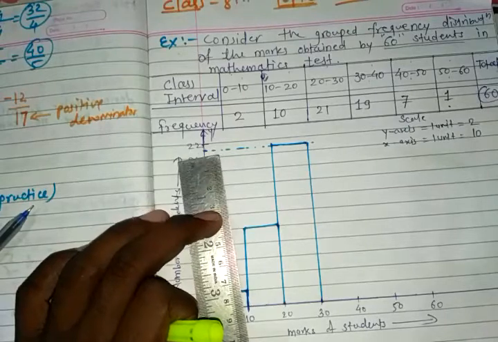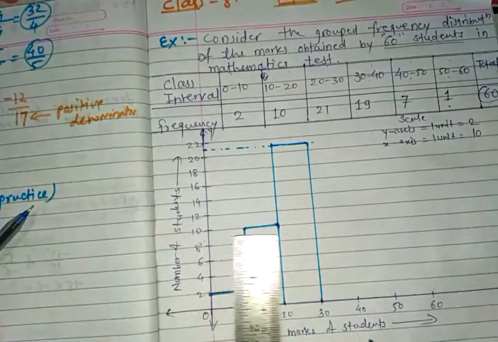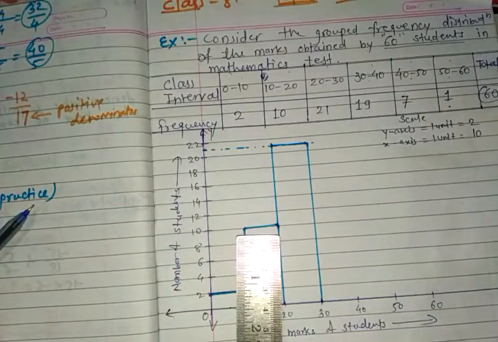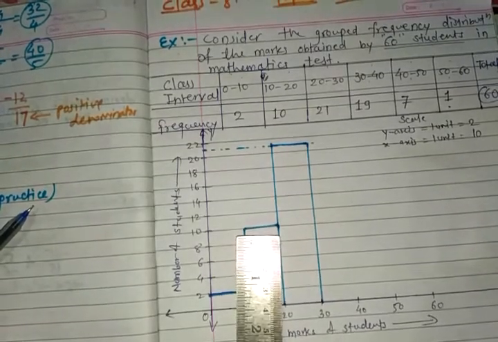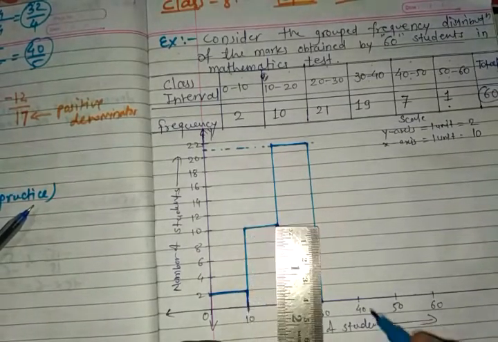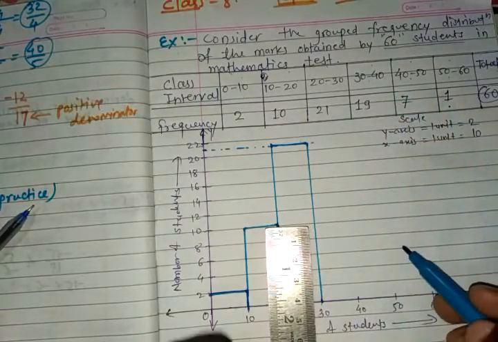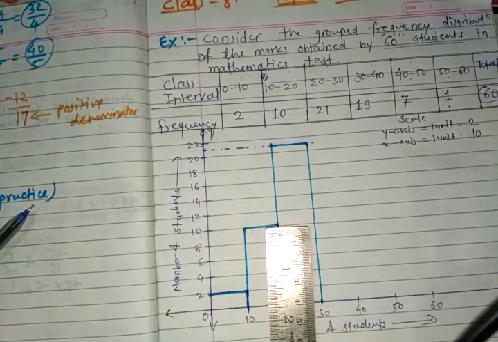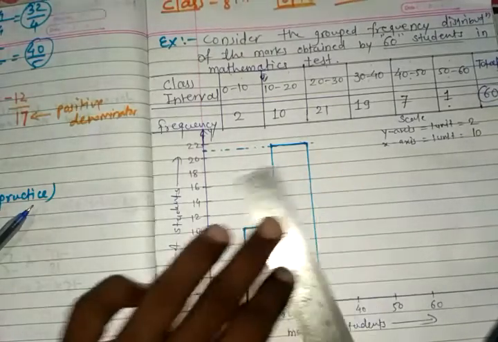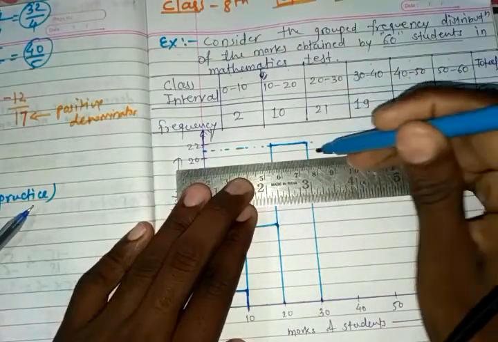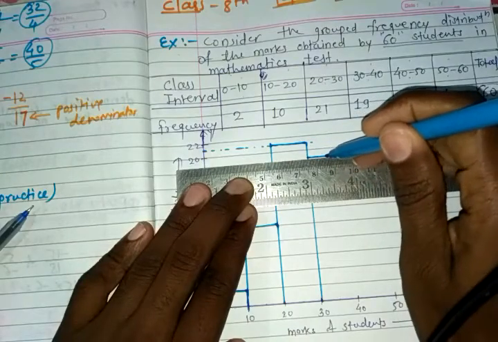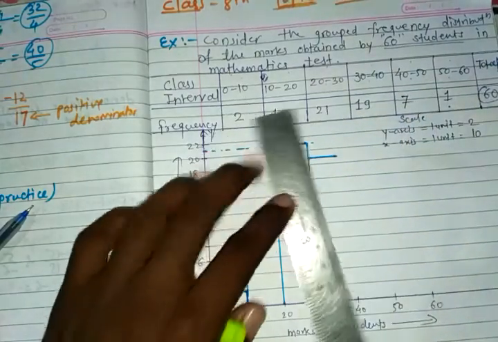So in that, 20 to 30, then 30 to 40. In that 30 to 40, what we will do? See the frequency 19. So it is in between again.